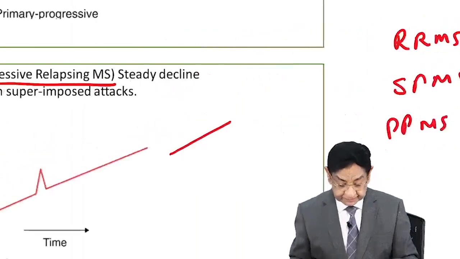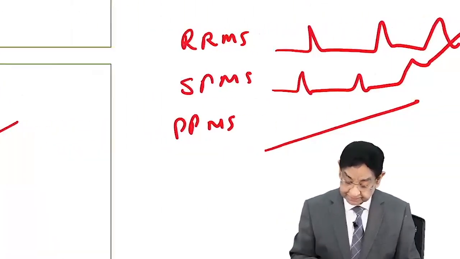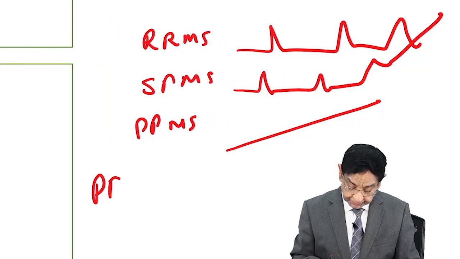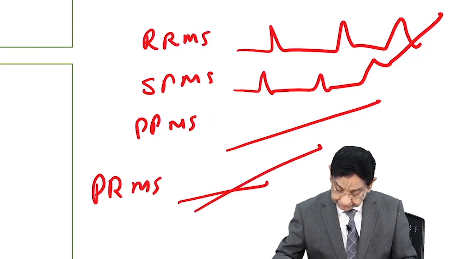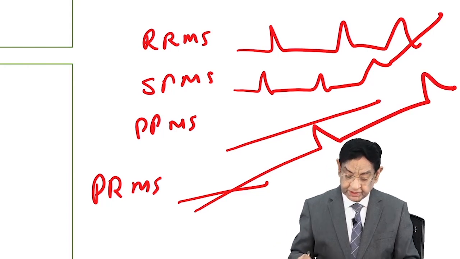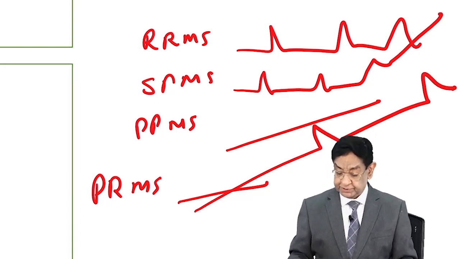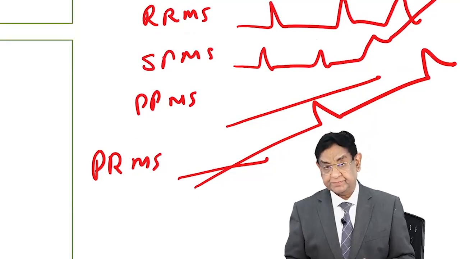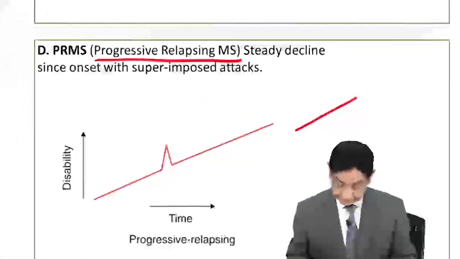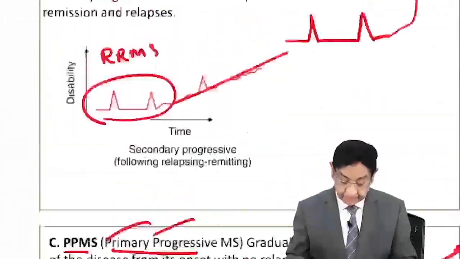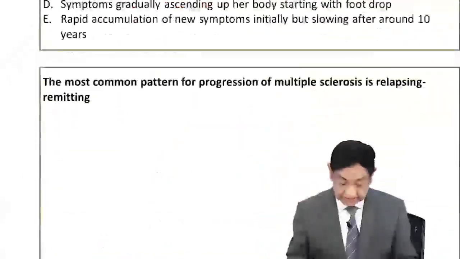And finally, you get progressive relapsing. So all the four types you can see in a single frame. Got it? This is the course of the disease. With this background, now we come back to our answer.